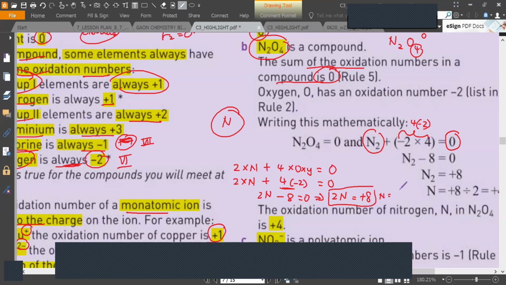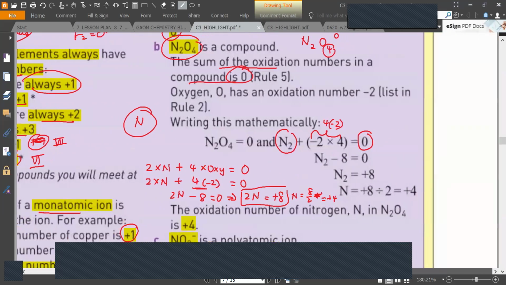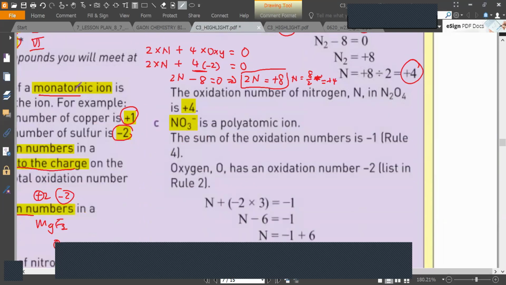So n equals 8 divided by 2, equals plus 4. So in this case, we can work out the oxidation number of nitrogen is plus 4, based on this calculation. Okay, next.